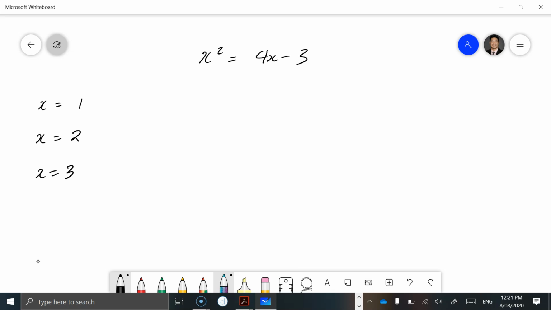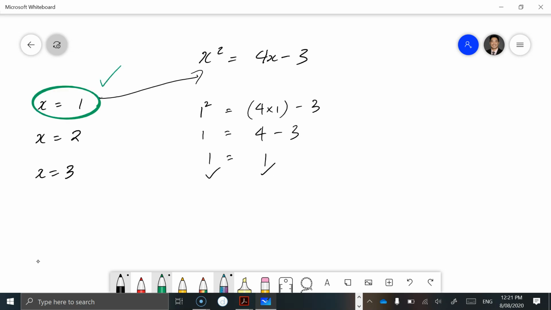Well, simply you just substitute in for x. Okay, so we'll have 1 squared is equal to 4 times 1 minus 3, and 1 squared is just 1. 4 times 1 is just 4 minus 3. 4 minus 3 is just 1. So 1 does equal 1. Both sides are the same. So we could say that yes, it is a solution.